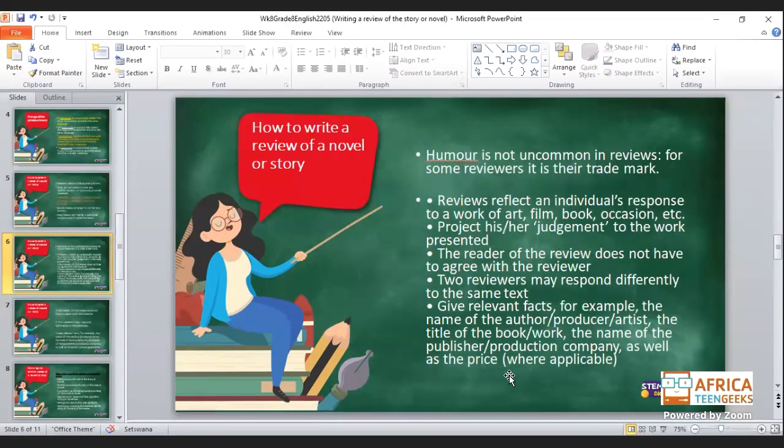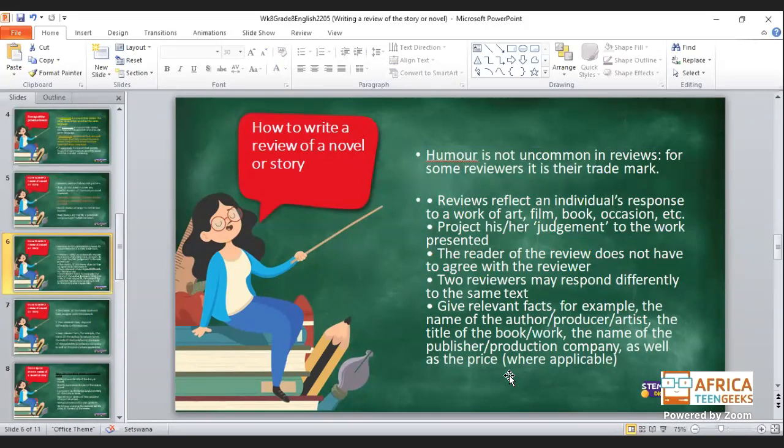It is not really about advertising that work, or recommending it to people because you loved it. And if you didn't love it, it is not about telling other people not to read the book or not to buy the novel. It is more than that.